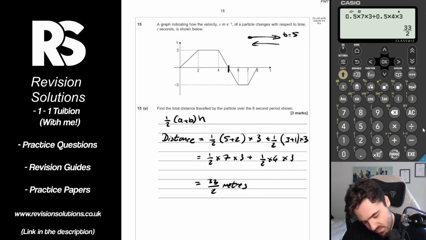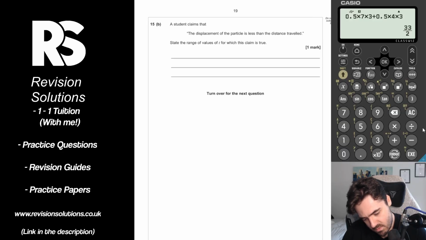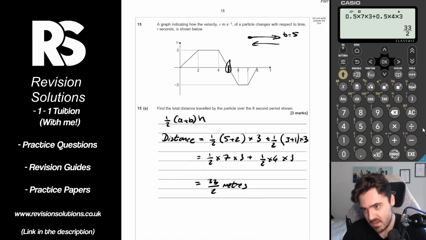So let's read the question again. State the range of values of t for which the claim is true. So the displacement of the particle is less than the distance traveled. So up to t = 5, the displacement is the same as the distance traveled because he's only gone to the right. He hasn't turned around at all.